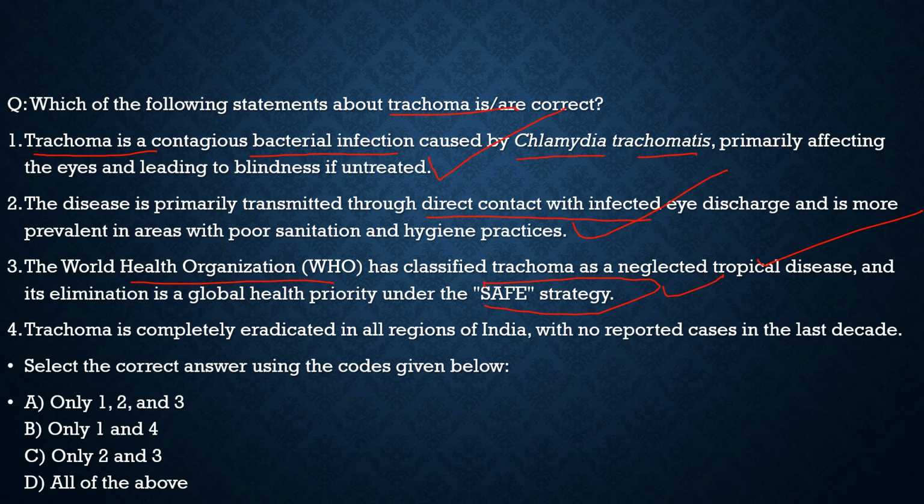Correct. Statement 4. Trachoma is completely eradicated in all regions of India with no reported cases in the last decade. Totally incorrect, because we have not completely eradicated it yet. So with respect to this question, the correct statements are options 1, 2 and 3 only, and from the code given below, the correct code is option A.